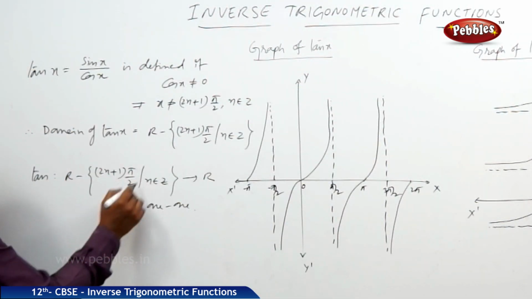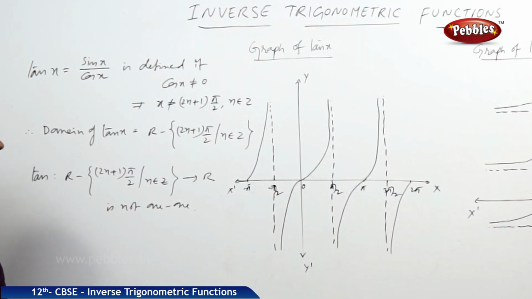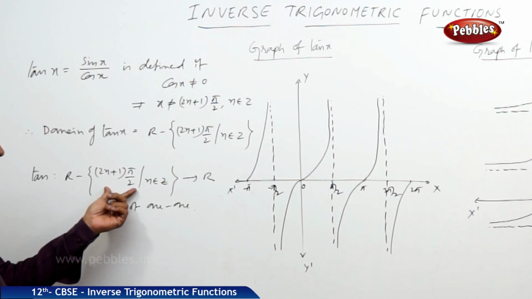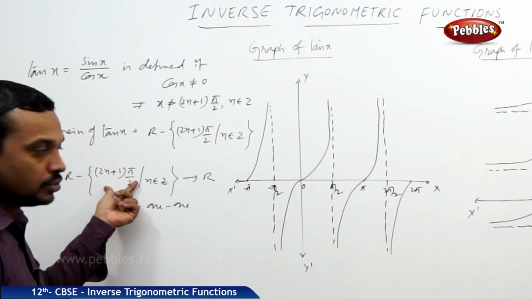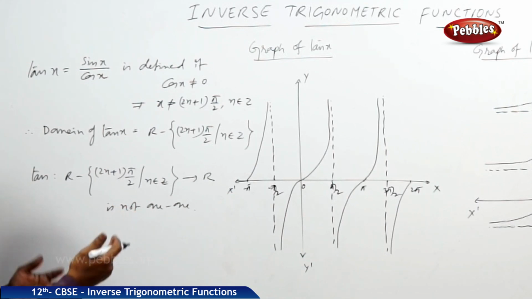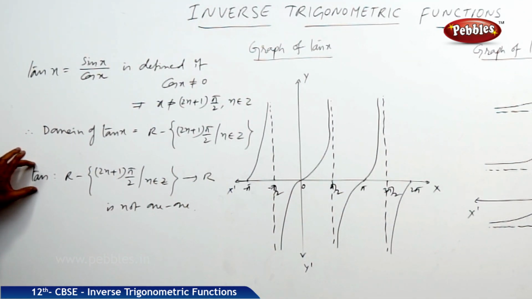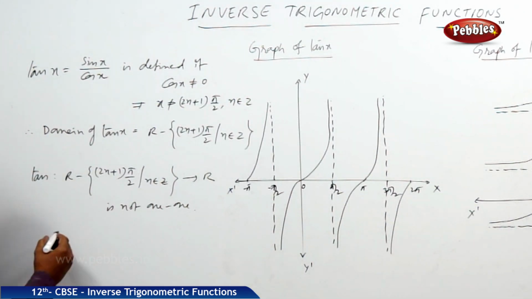On this domain tan is not one-one, since if two elements x1 and x2 are chosen from the domain such that tan x1 is equal to tan x2, then x1 and x2 need not be equal, so it is not a one-one function. Now, to make it into a one-one function, restrict the domain again.